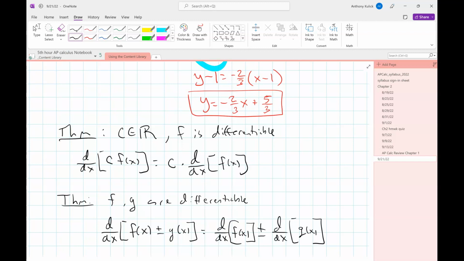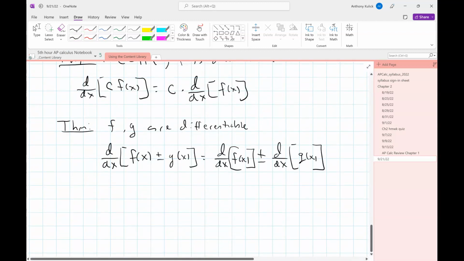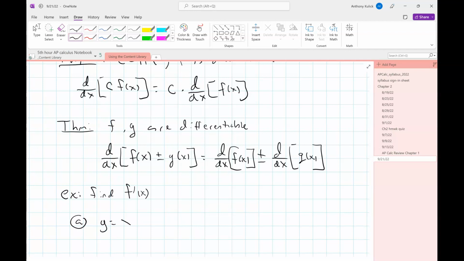Basically, the derivative distributes throughout my function to the terms, right? So let's say we got something like this.